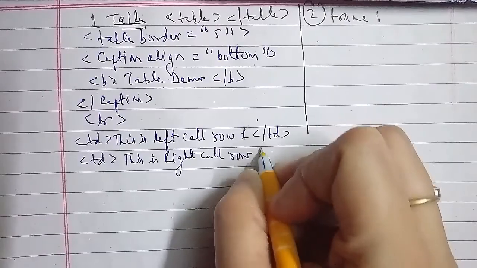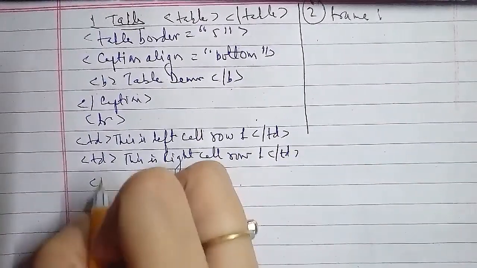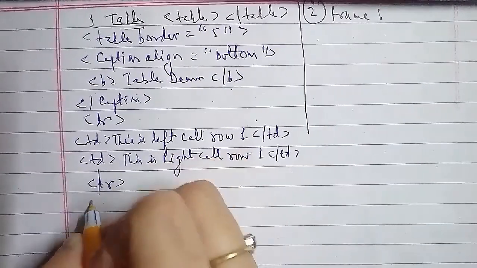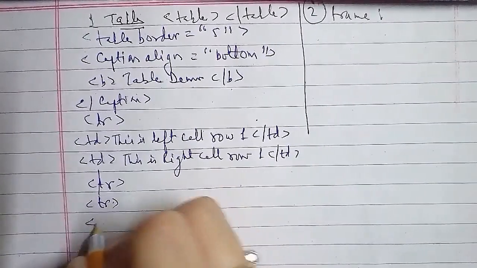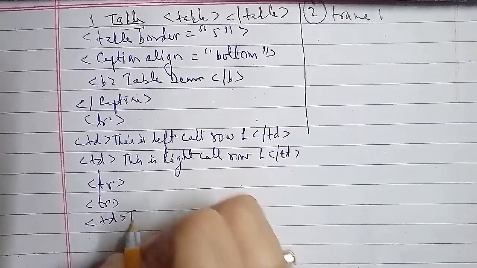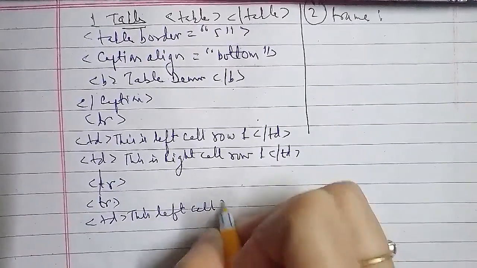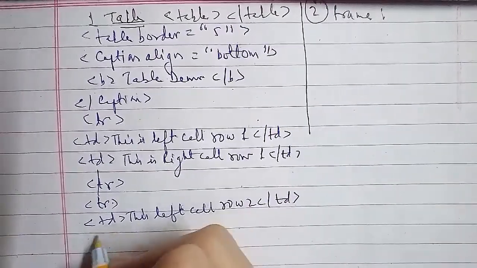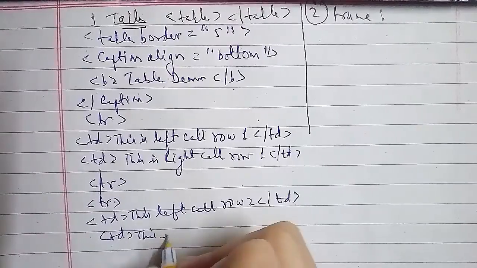Then again td, this is right cell row 2, td. So here we start with tr and end with closing tr, and then we close the table. This is how to create a table. When you're creating a table, you have to do this. This is a short one that we are dealing with.